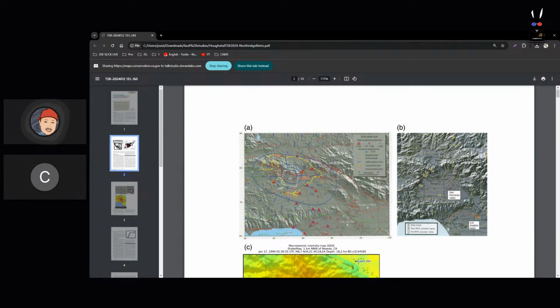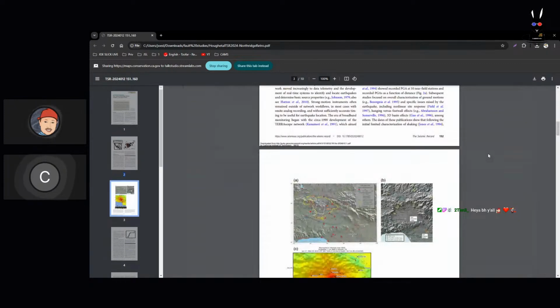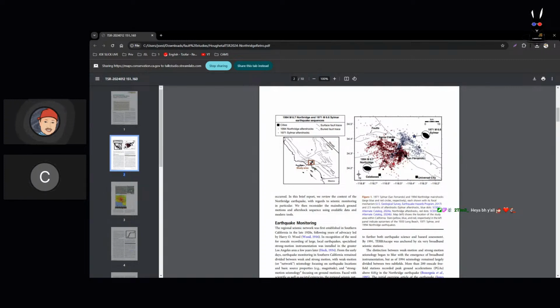So it's not showing up on your screen? No, it doesn't want to. I'm having trouble even getting the second page to show. Yeah, it's jumping down. There we go.